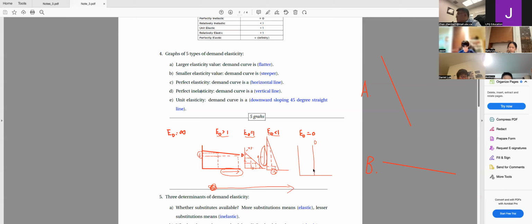It's 0 here, so it's a vertical line. As the elasticity value gets smaller, your demand curve becomes more vertical.